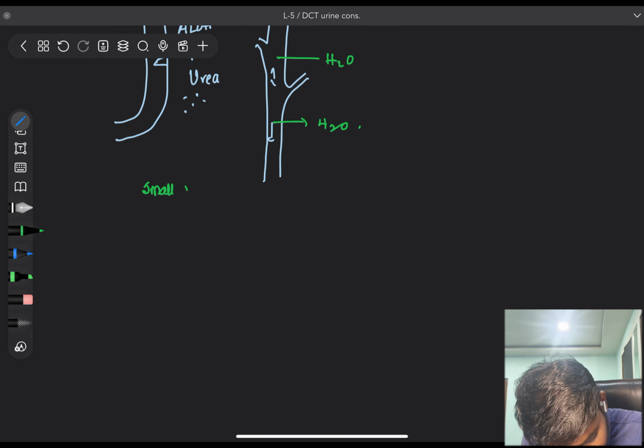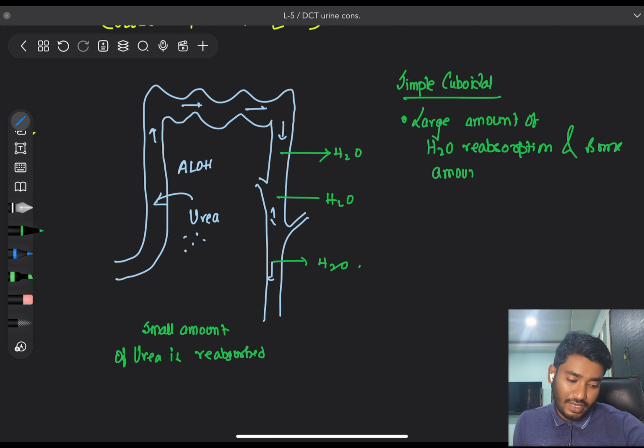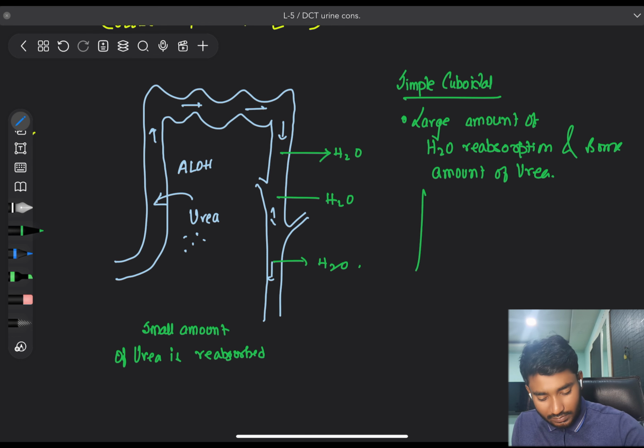Now what happens? Simple cuboidal, a large amount of water reabsorption and some amount of urea is reabsorbed.